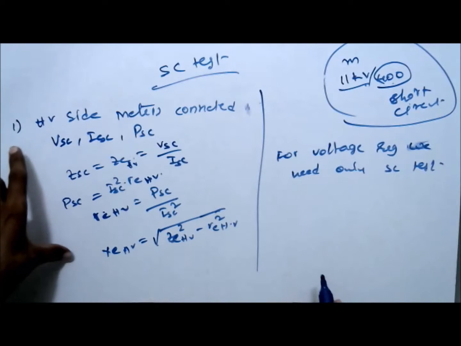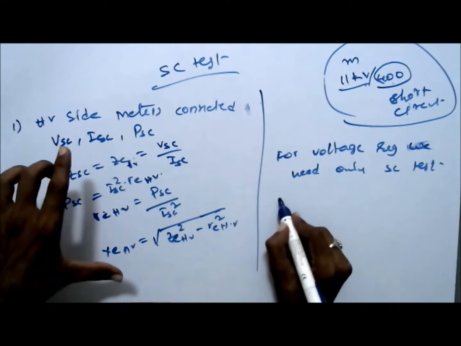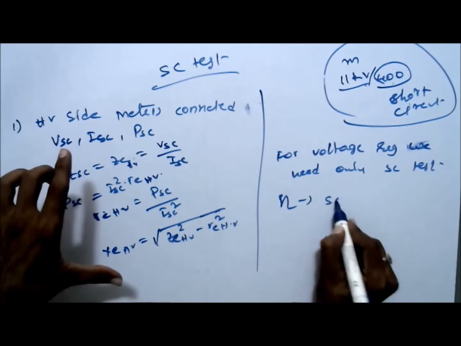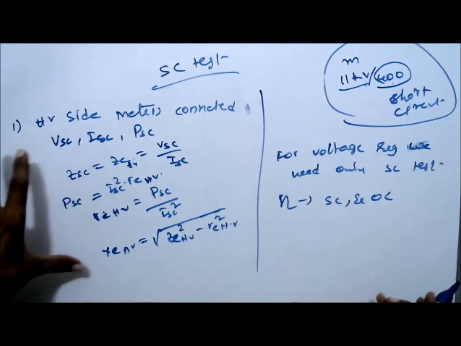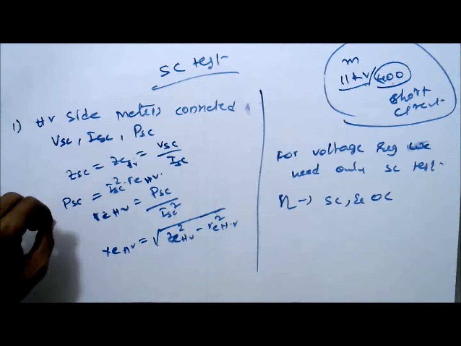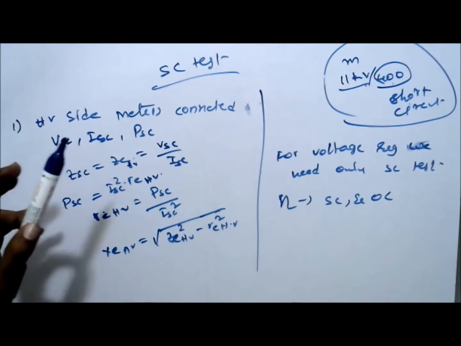For determining the efficiency eta of the transformer, we need both the SC and open circuit tests. Both tests are required. This is all about the testing of the transformer.